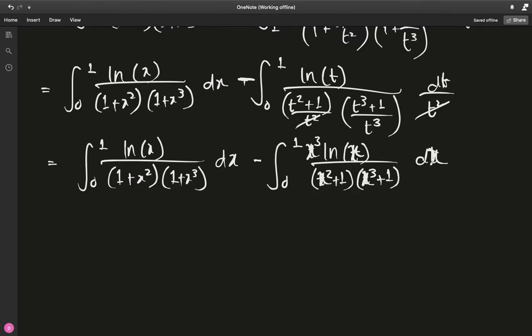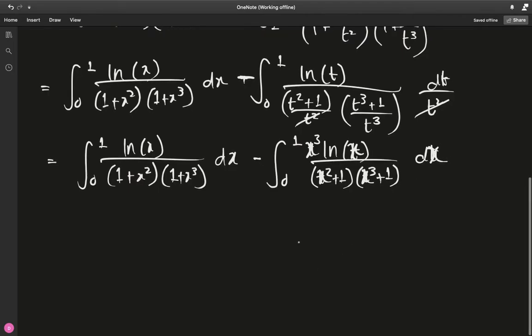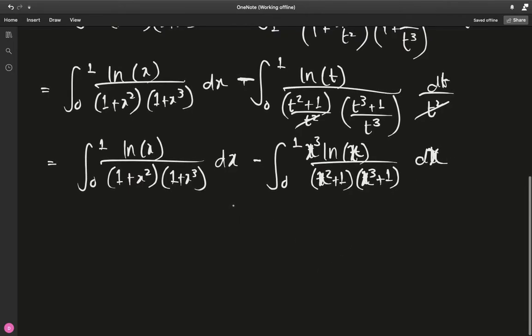So I hope you don't mind the overwriting, but I'm going to do this to prove a point. So now what I'm going to do is I'm going to combine both of these integrals. So take a negative outside, factorize a negative basically. You have integral from 0 to 1 of x cubed times natural log of x. We converted everything to x.